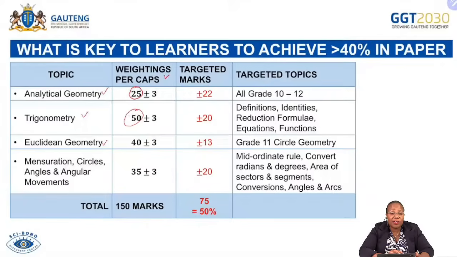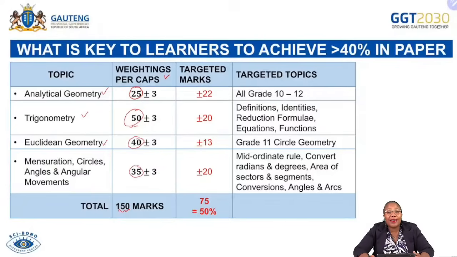That is why we've decided to look at that topic, because it is carrying too many marks on that paper. And then Euclidean is 40 plus minus 3, also a lot of marks, grade 12. And our mensuration, circles, angles, and angular movement is carrying 35 plus minus 3. And this adds up to 150, which is our total for paper 2, grade 12.